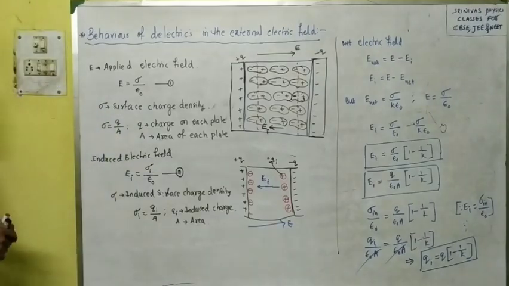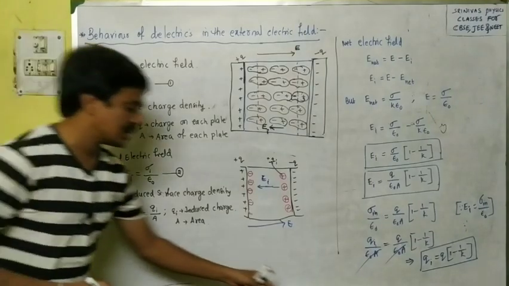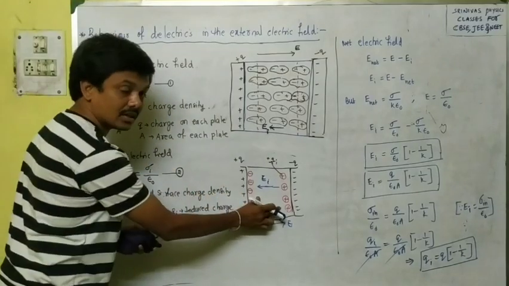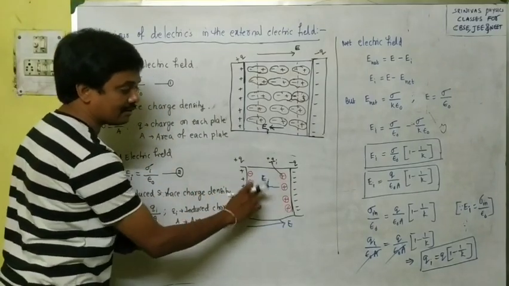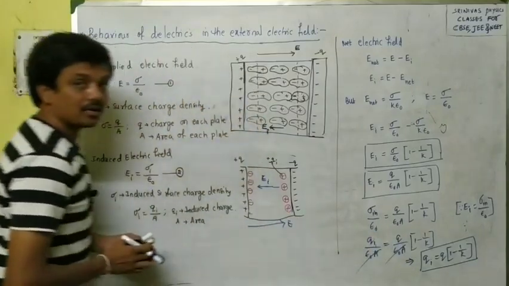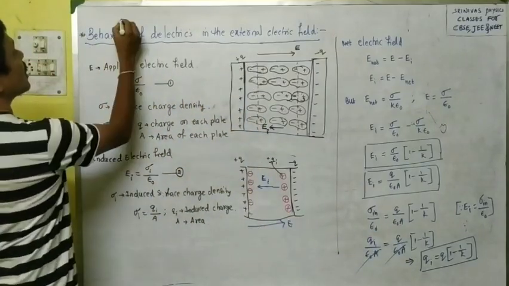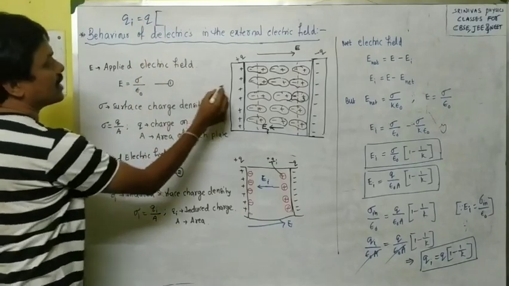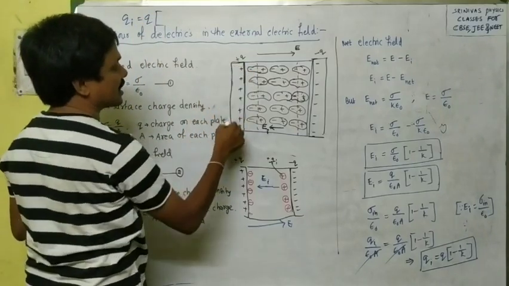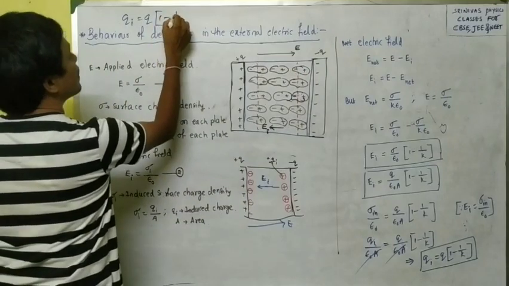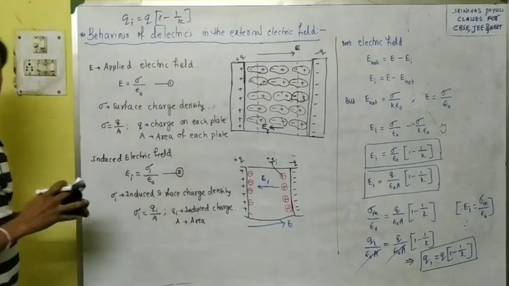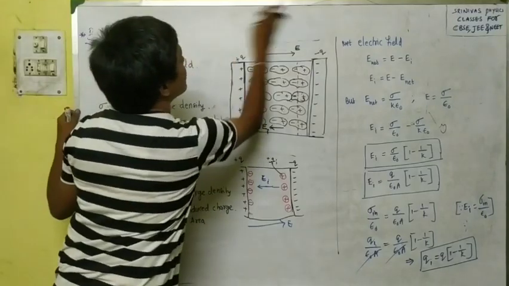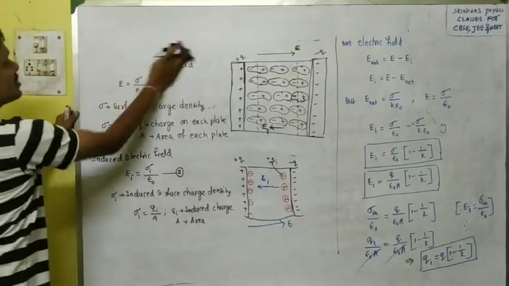Here on the plates we are giving some charge q, into 1 minus 1 by k, where k is the dielectric constant.